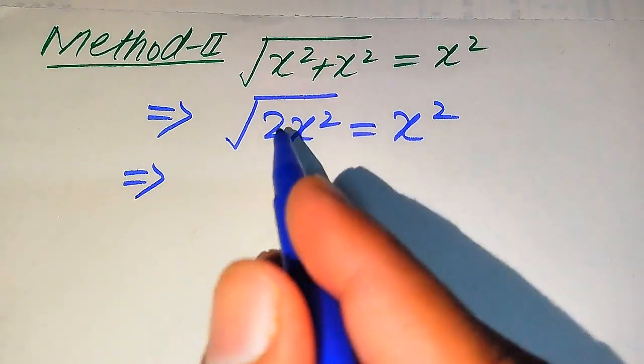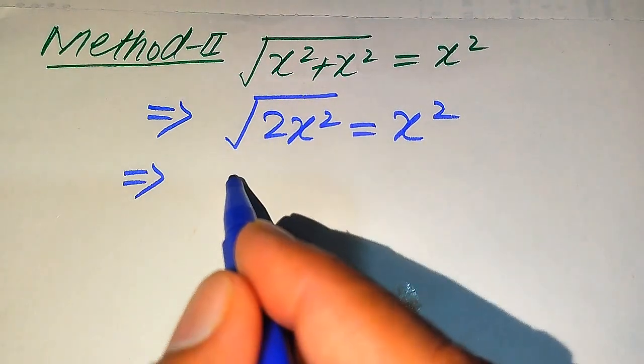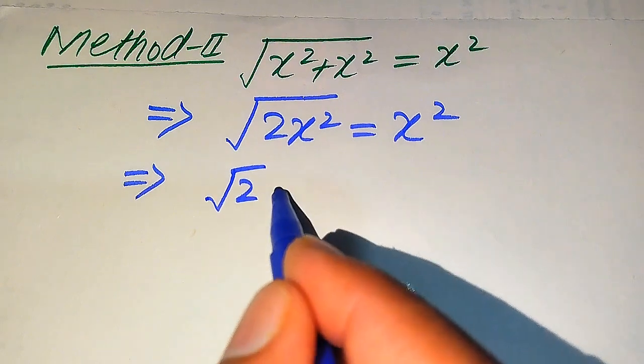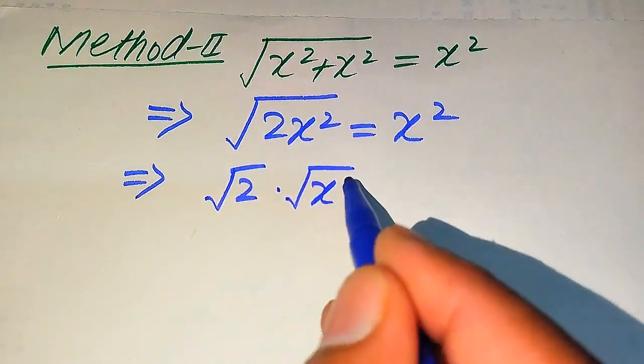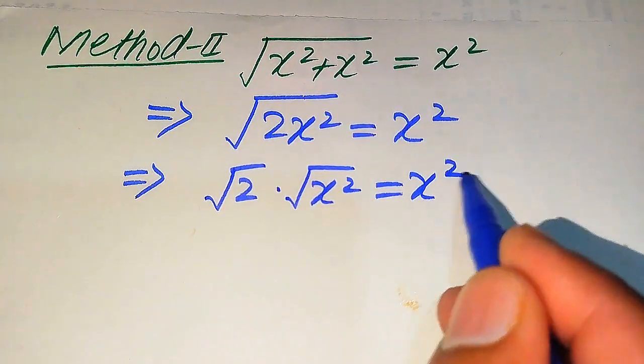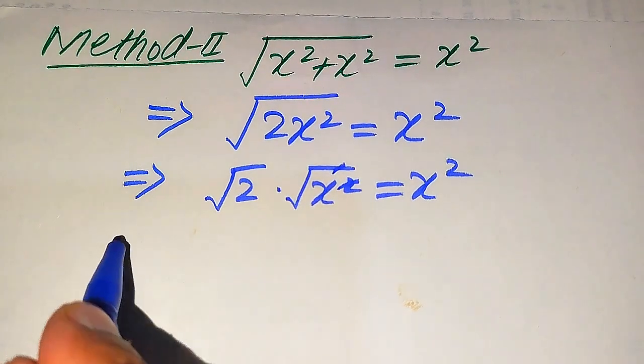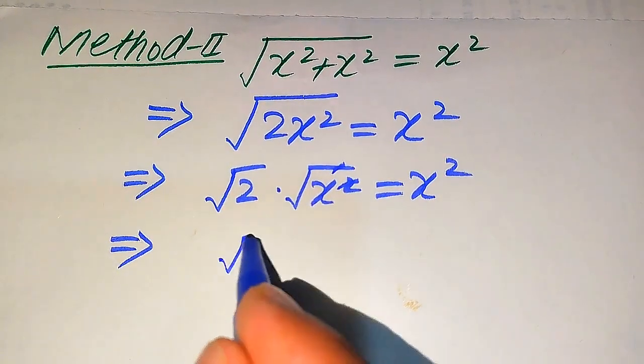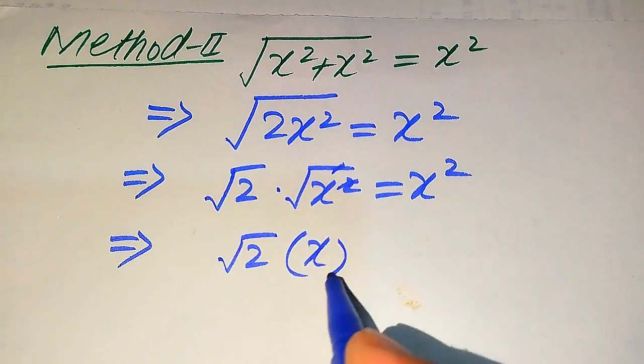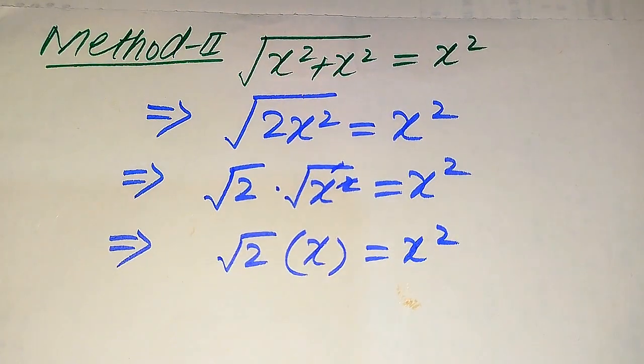Here we apply the square root separately on both values, and it becomes square root of 2 into square root of x squared equals x squared. So this square and this square root cancel each other, and we get square root of 2 into x equals x squared.